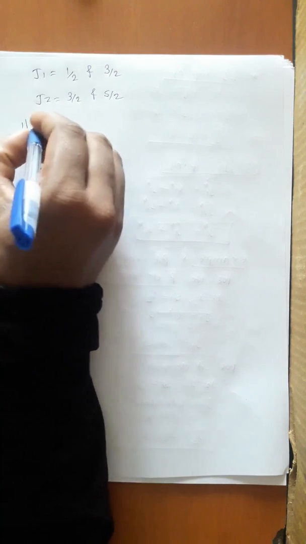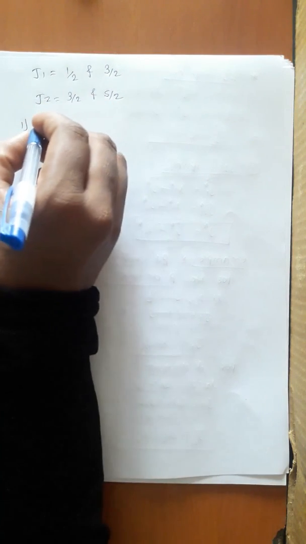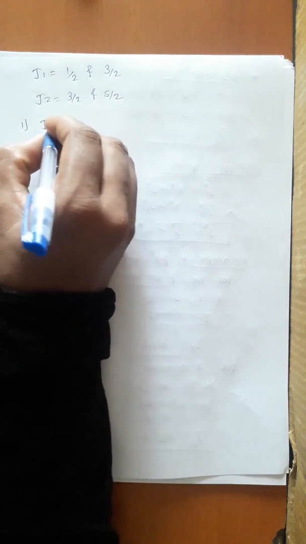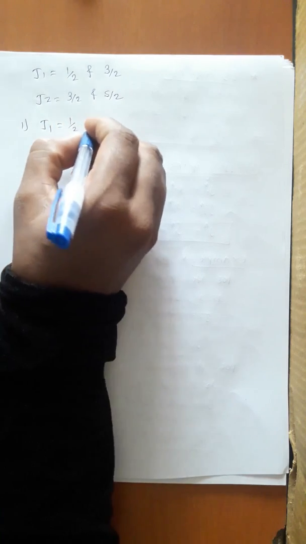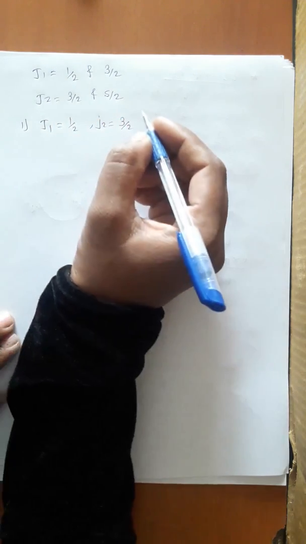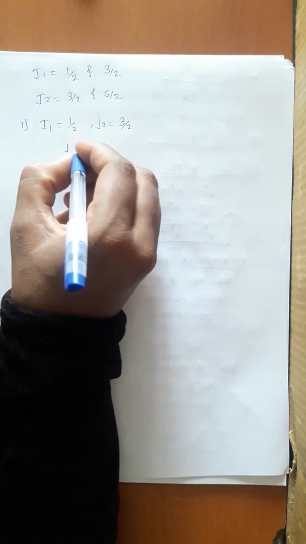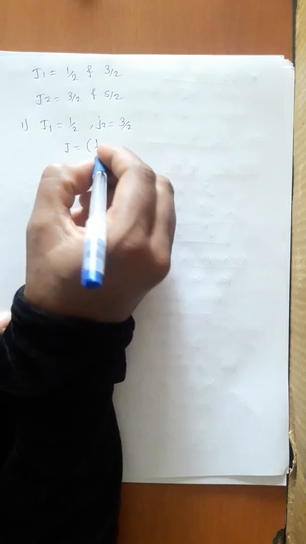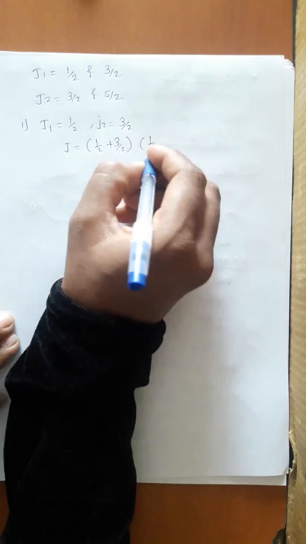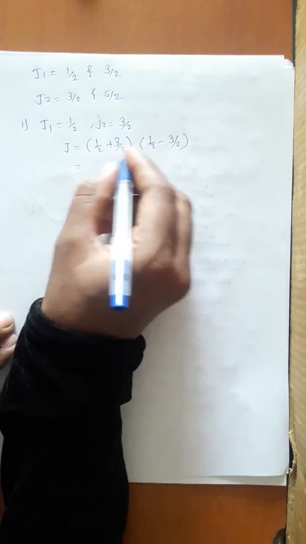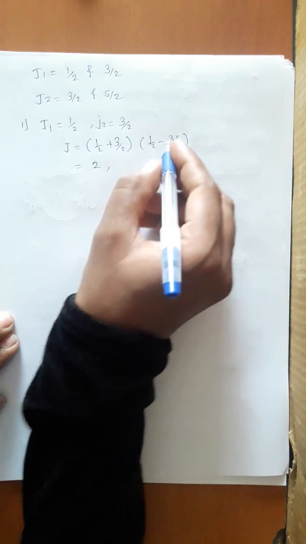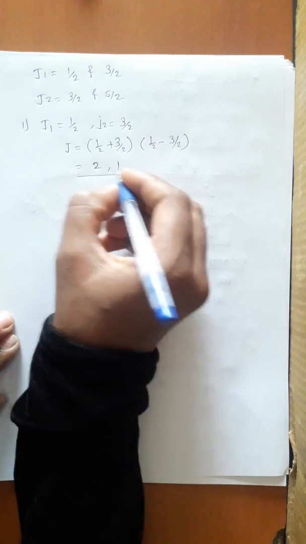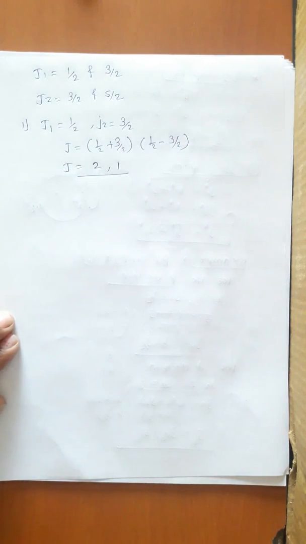First we calculate the total angular momentum. First, J1 is equal to 1/2 and J2 is equal to 3/2. Then the resultant J is 1/2 plus 3/2 and 3/2 minus 1/2, which is 4/2, that is 2, and 2/2, that is 1. The values of J are 1 and 2.